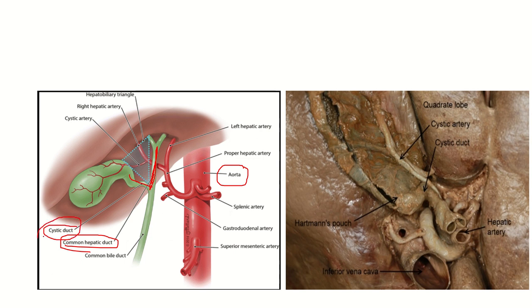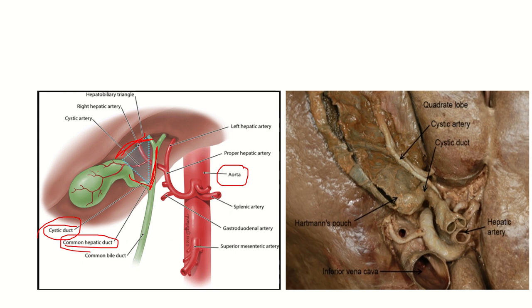This is the cystic duct, and superiorly here this part is the superior part, and it is the undersurface of the liver. So this is the boundary of the hepatobiliary triangle or Calot's triangle. So this boundary has to be remembered very carefully for all aspects.